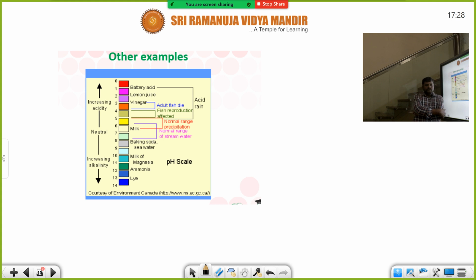Lemon juice is also acidic in nature because citric acid is present. Citric acid is found in citrus fruits like lemon and orange. Vinegar contains acetic acid, which is also called ethanoic acid.